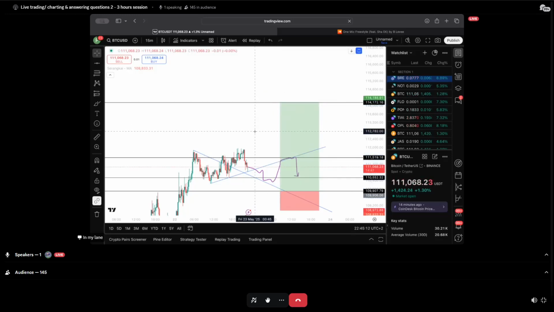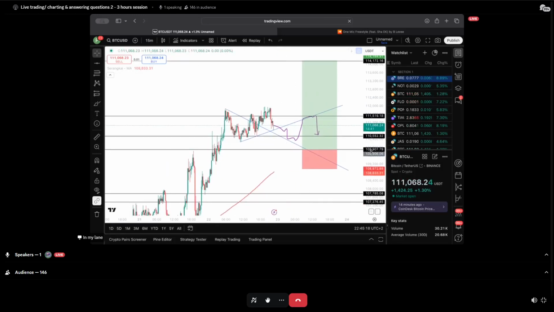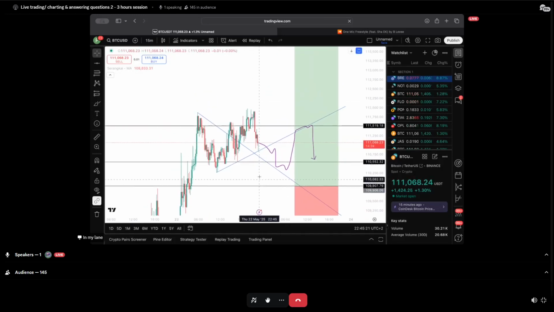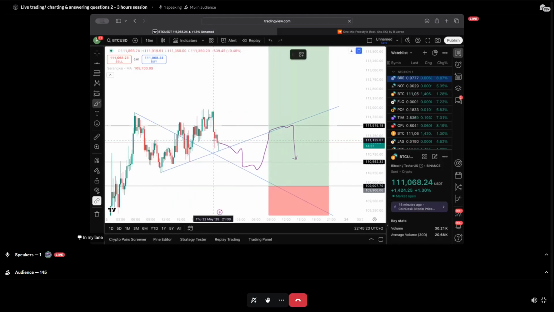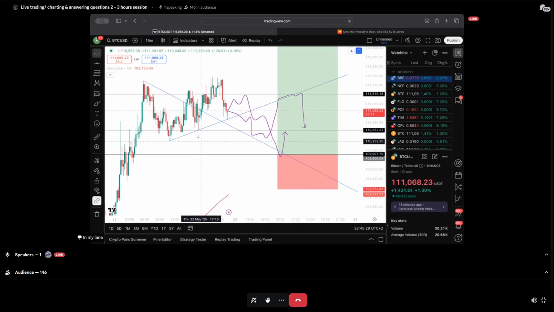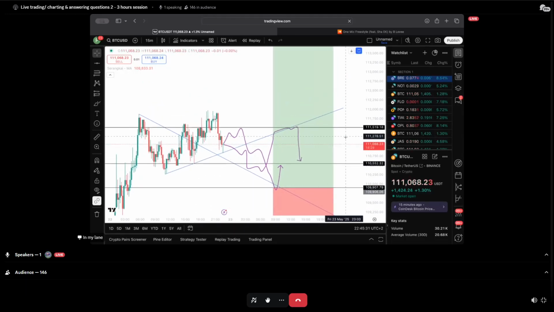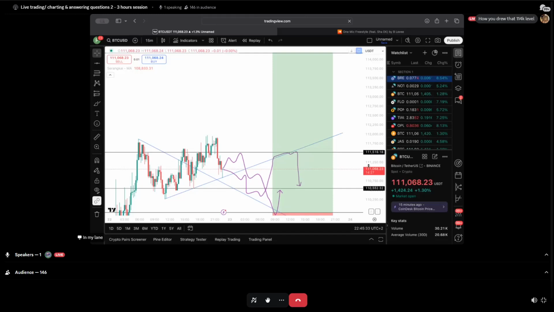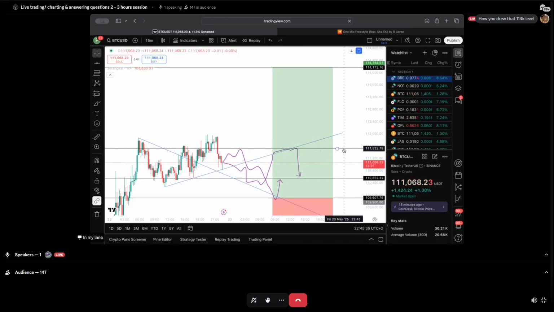Like this. So first, I see we have closed bullish here, this candle. So if we keep moving up to the resistance, then dump all the way down to our trend line, then back up again. This is the first TP, 111K 500. The next one is 114K 100.